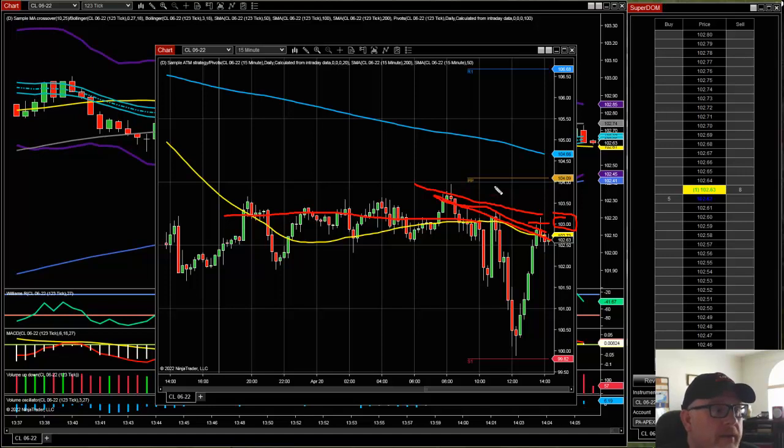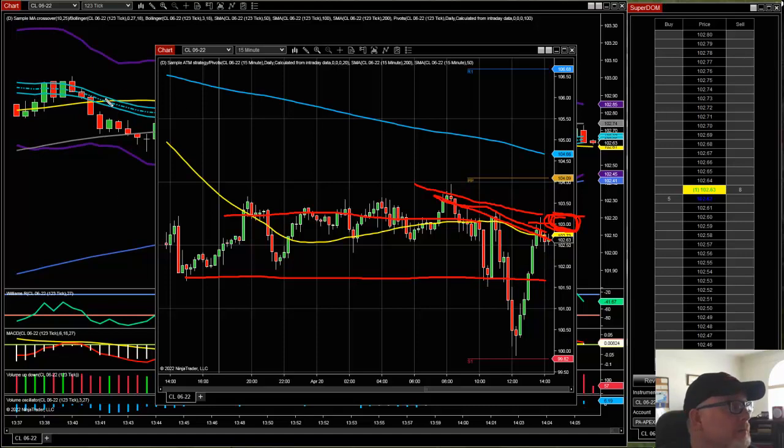That's what I like about it right now. I think that's kind of the target area right now, 103. If we can get there, that might be a little bit more bullish than I care for at this point. But definitely a push into here is what I'm thinking about.